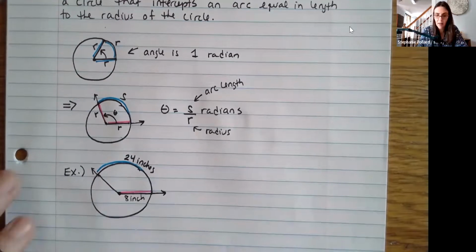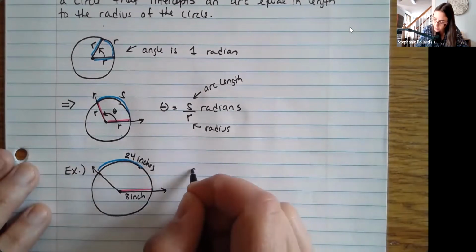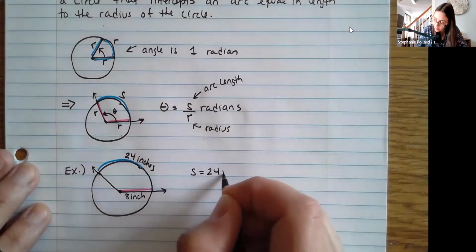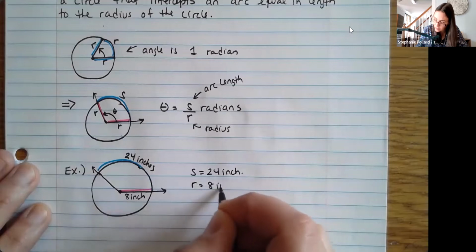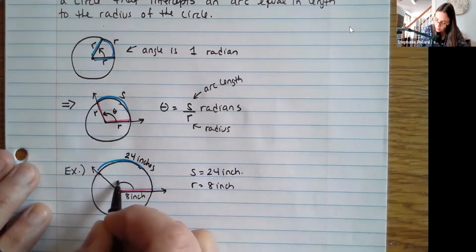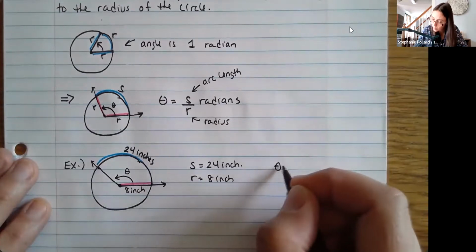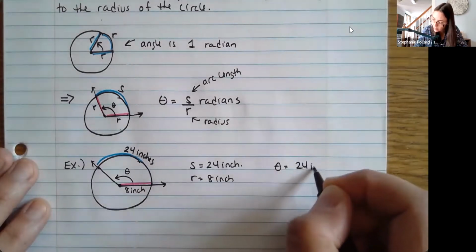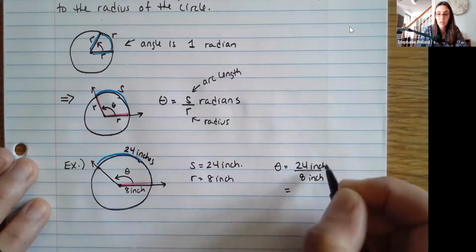So let's say you have just a quick example here. In this case, my arc length is 24 inches. My radius is 8 inches, and I'm looking for my angle. So my angle would be 24 inches divided by 8 inches. Now, the units for inches cancel as well.